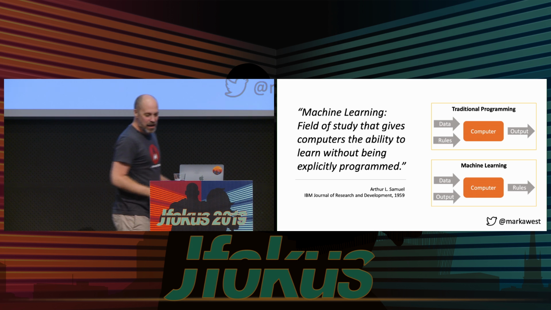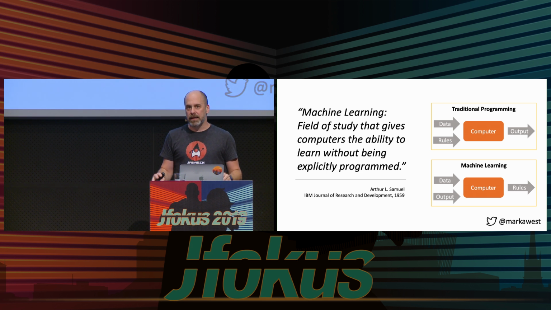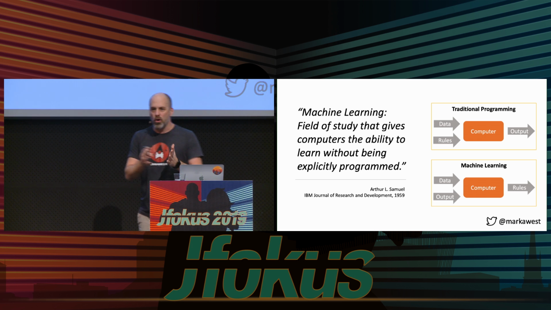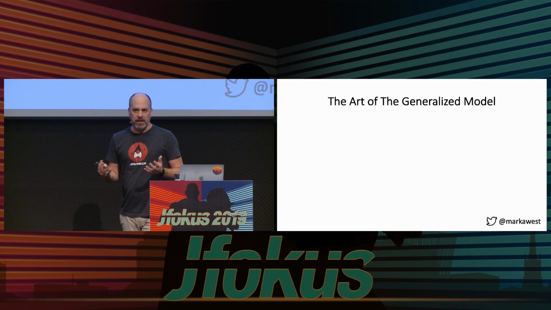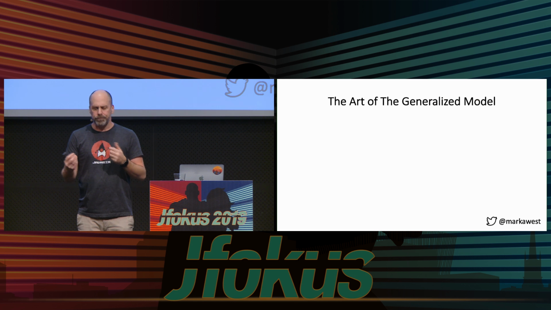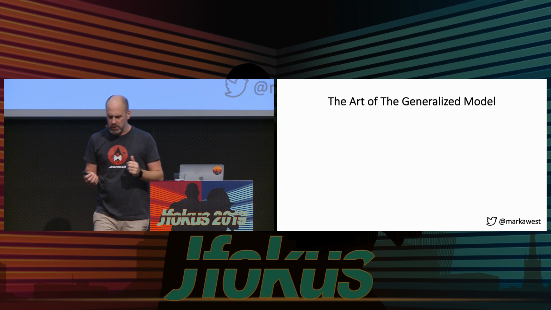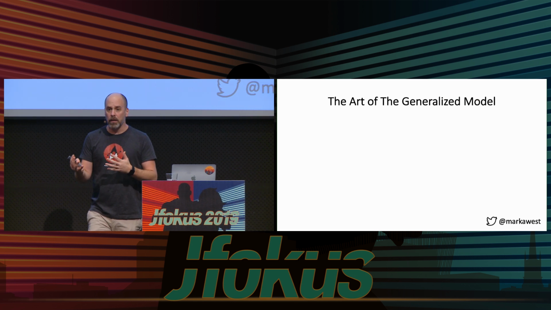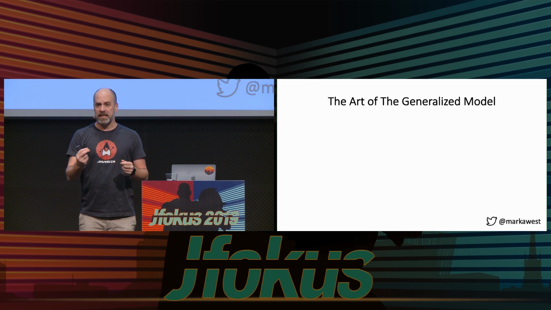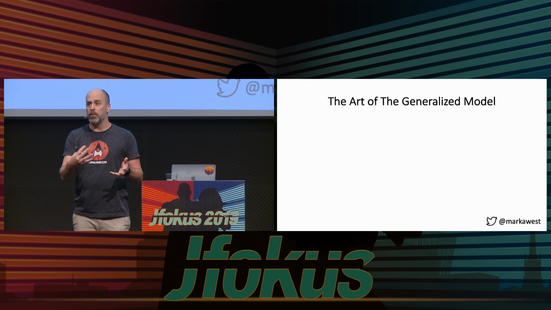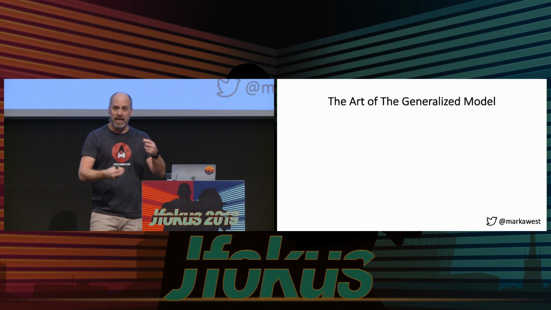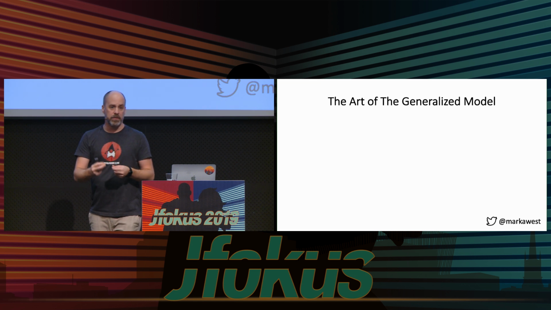But anyway, when you're working with machine learning, you need to think about what kind of model you want and how you want the model to be. And I like to think that models should be relatively general. So imagine that you're going to create a model that can look at a picture and tell you whether that picture contains a sheep or not. What you're going to do is train that model with lots of pictures of sheep.